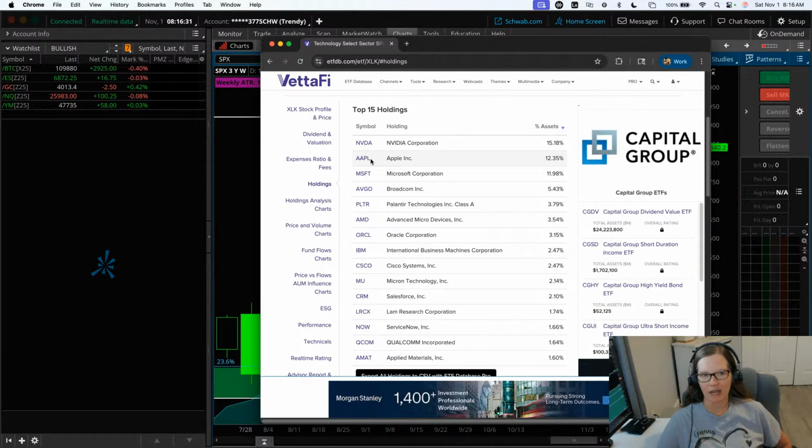So you have NVIDIA, Apple, Microsoft, Broadcom, Palantir, AMD, Oracle, IBM, Cisco, MU, CRM, you get the point. Over here, it will tell you what percentage of that sector is made up of NVIDIA. 15%. Between the top three being NVIDIA, Apple, and Microsoft, if you add these together, about 40% of the technology sector is made up of these top three names.